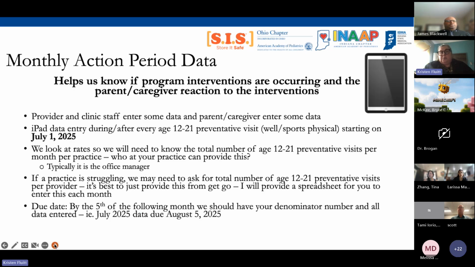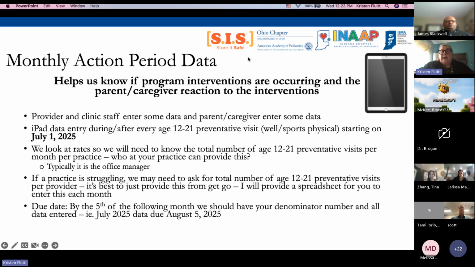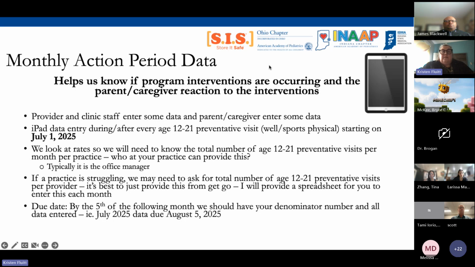And then the monthly action period data. This is every month now from July to December that we're going to be looking at and entering on the iPads to see if the interventions are occurring as you're doing the appointments. So provider and clinic staff will enter some of the data, and then parents, if they want, will enter the remainder of the data.